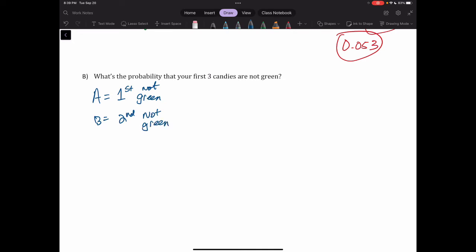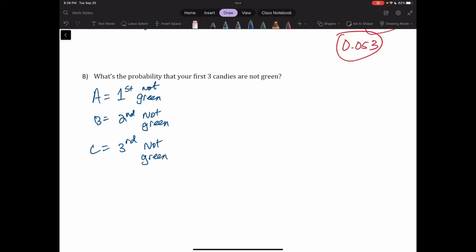This is without replacement. And we need C. We need the third candy. Event C is that the third candy is not green. Okay.